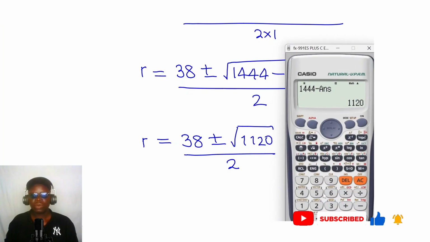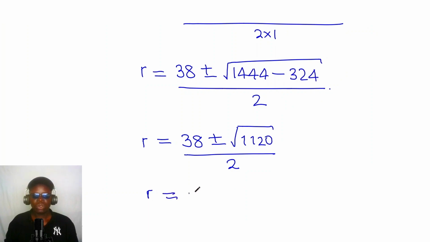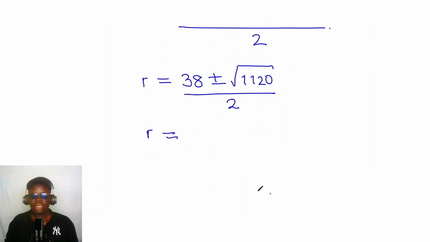So let's get the square root of this answer. So we say square root of our answer is 4 root 70. So we'll have our R equals to 38 plus or minus 4 root of 70 all over 2.